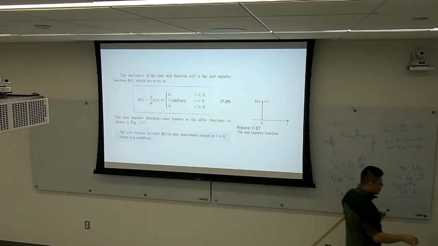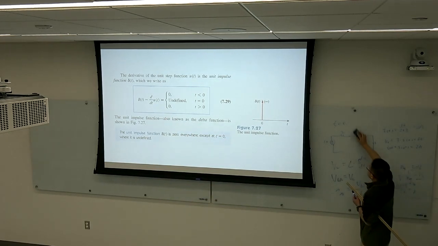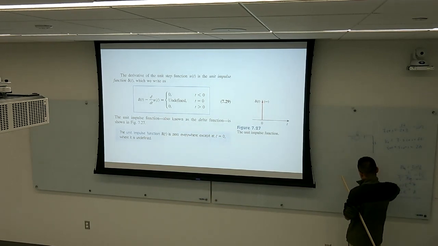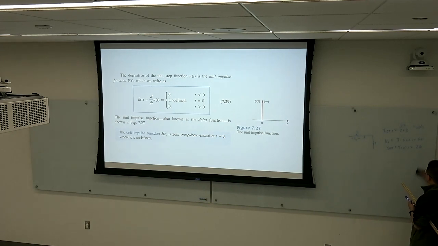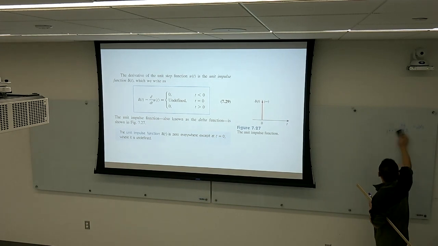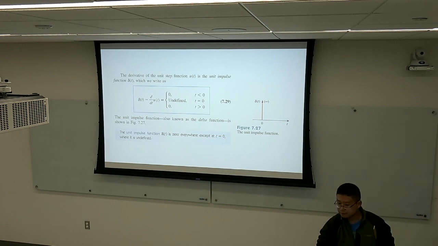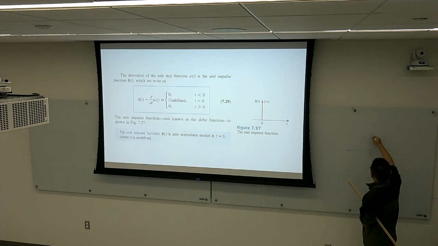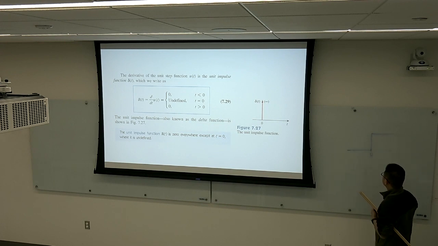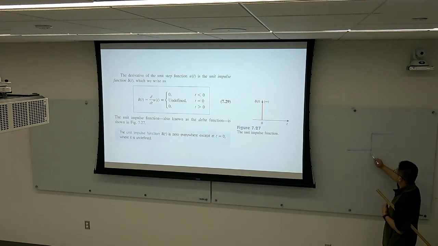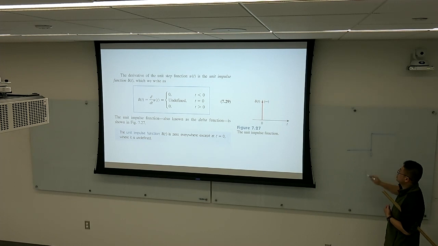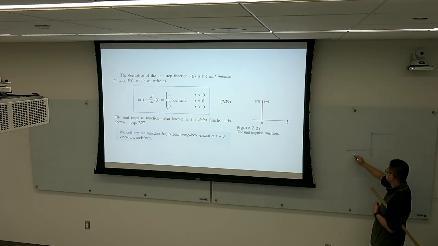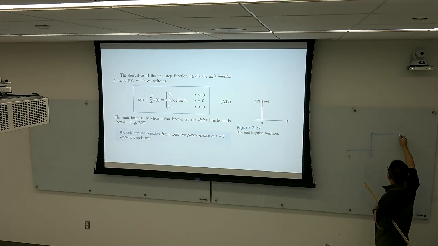Remember the unit step function: at time 0 it has an abrupt change. When t is less than 0, the value is 0. When t is greater than 0, the value is 1.